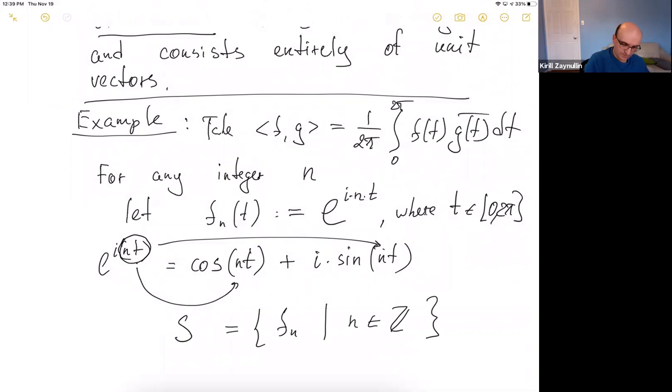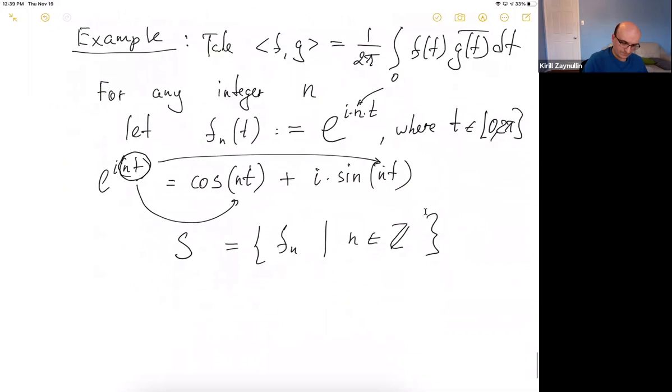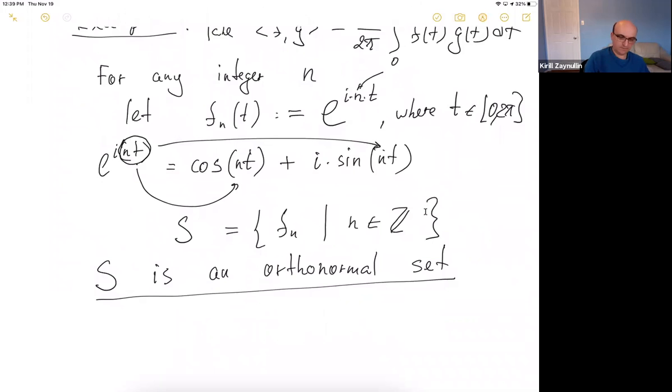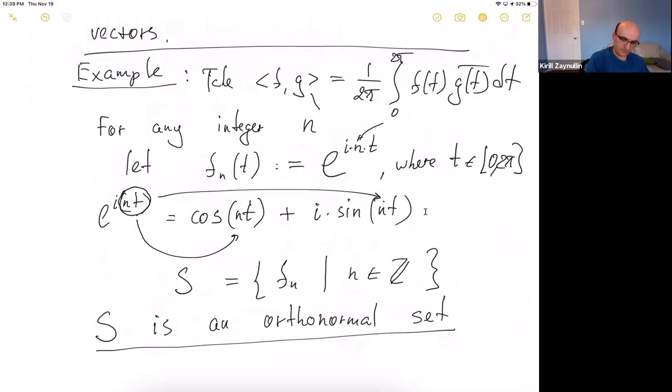We can easily substitute n to be a negative number, and this will still make sense, right? It's a particular function. So the claim is that S, this infinite subset, is an orthonormal set with respect to that inner product.